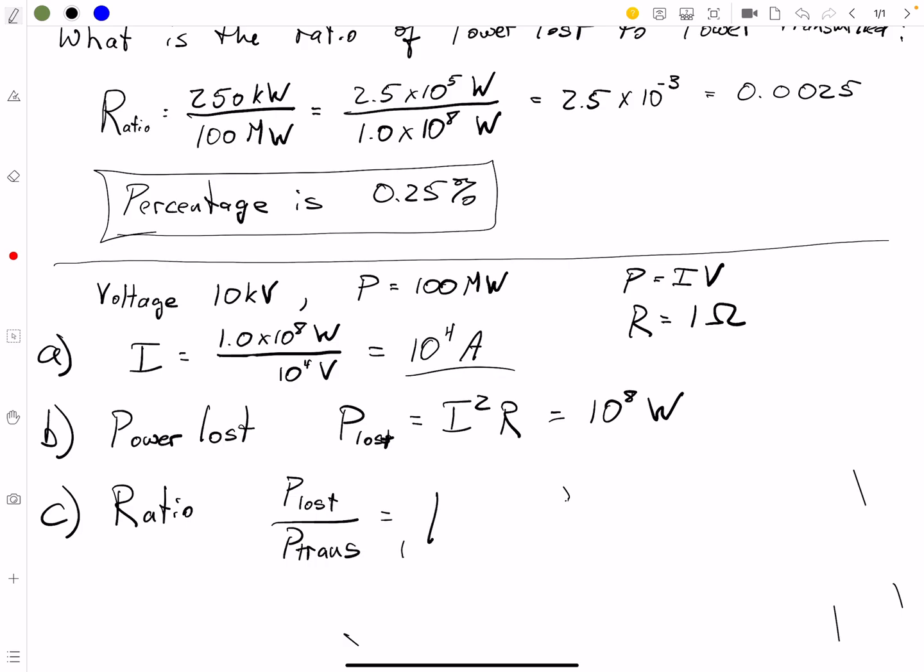We lost every single bit of the power that we wanted to transmit along the way with just 1 ohm as our resistor. Okay? So 1. And if we multiply that by 100%, we end up with 100%. Okay, so 100% power loss.